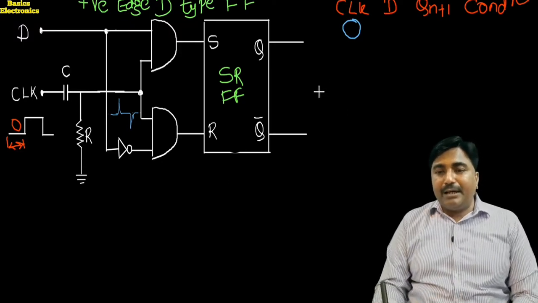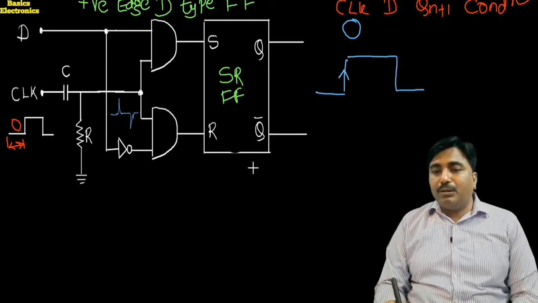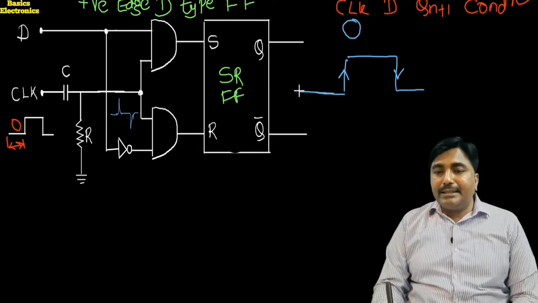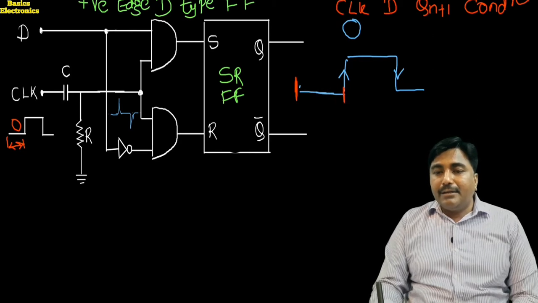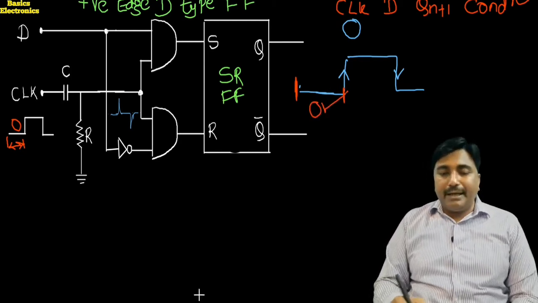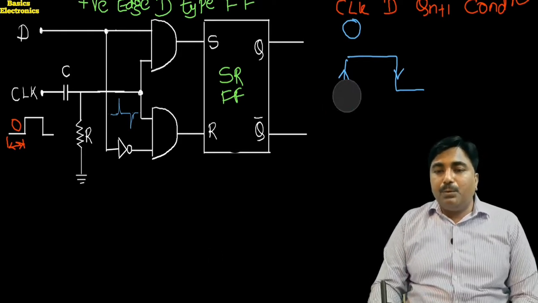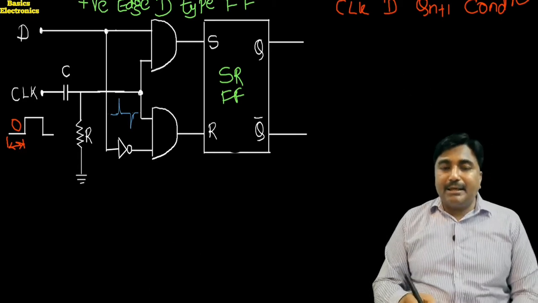This one time, here I am going to draw. Here this is the clock input. Here this is what we call the positive edge, and this one is what we call the negative edge. During this time, from here to here, the clock input is equal to 0. So when there is a 0 input, no clock pulse, no positive edge or negative edge is applied.